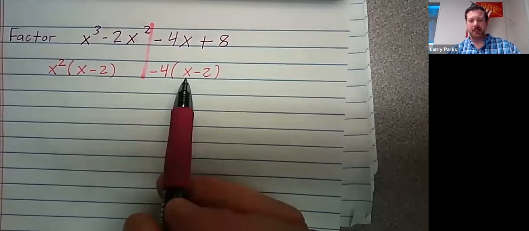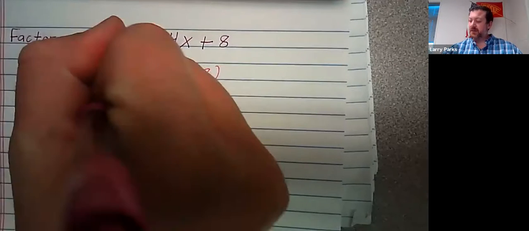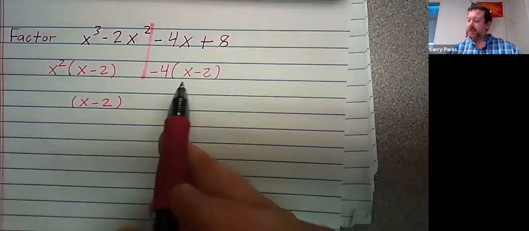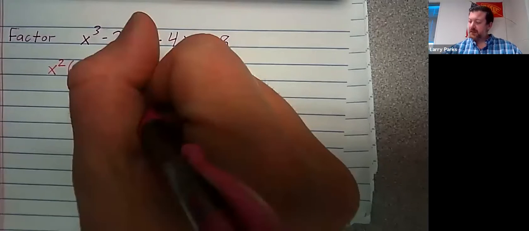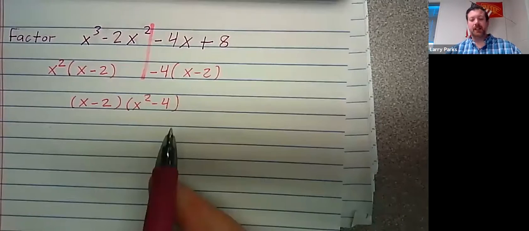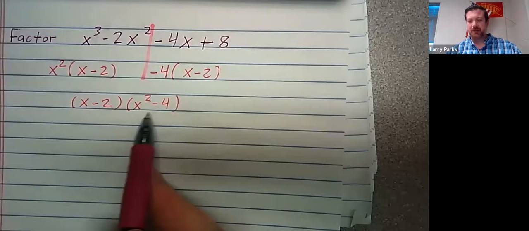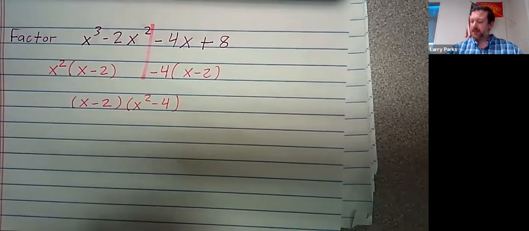So I have x minus 2, that's the same, so I factor that out. And then I have x squared minus 4. And then you should know how to factor x squared minus 4. That's the difference of 2 squares, x plus 2, x minus 2.